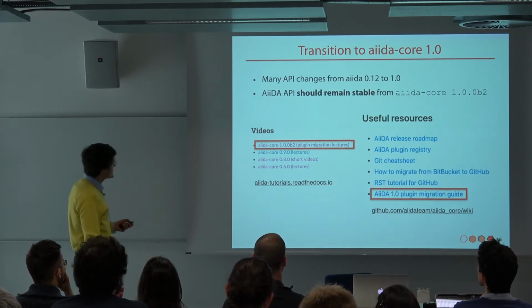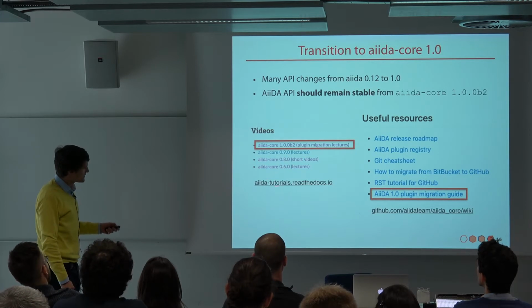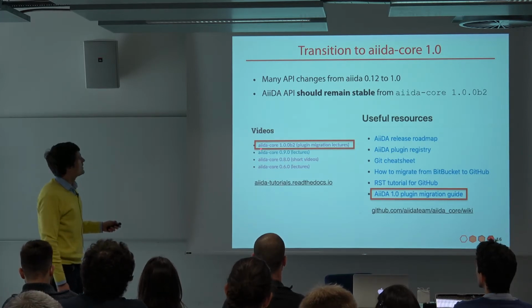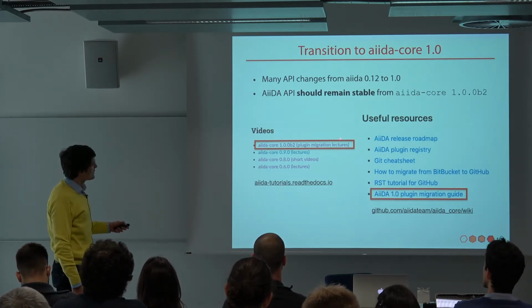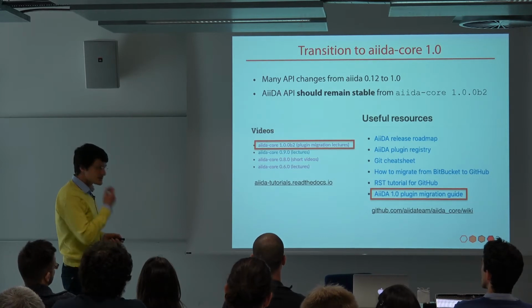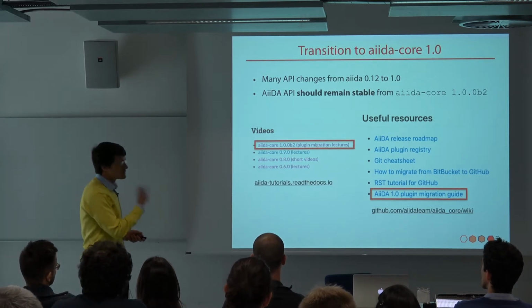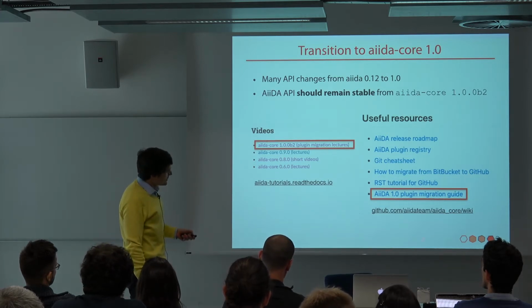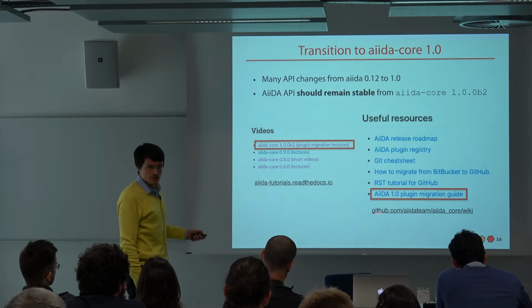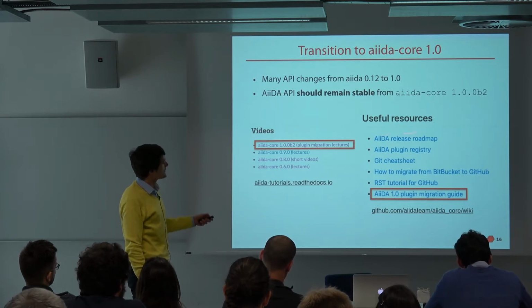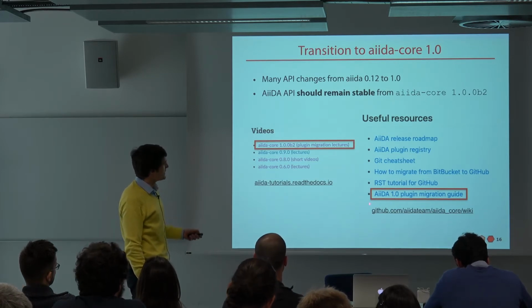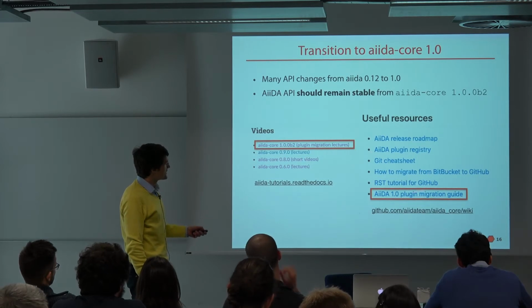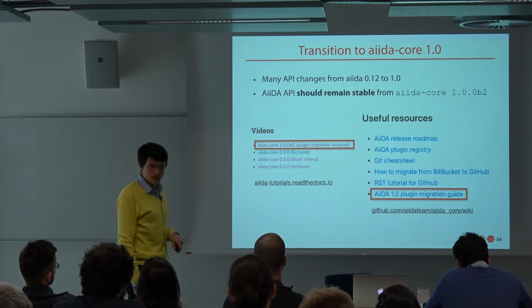Some helpful resources you can find on the AiiDA tutorials page at the bottom. If you scroll to the bottom, there is a collection of videos from this developer workshop with advice on how to migrate plugins. Then, very useful, the aiida-core wiki. By the way, we have a wiki with some interesting information like a release roadmap, a Git cheat sheet, and the AiiDA 1.0 plugin migration guide.